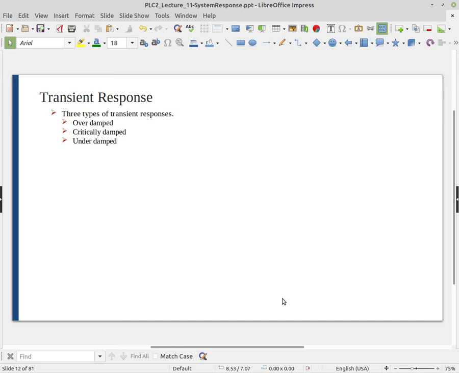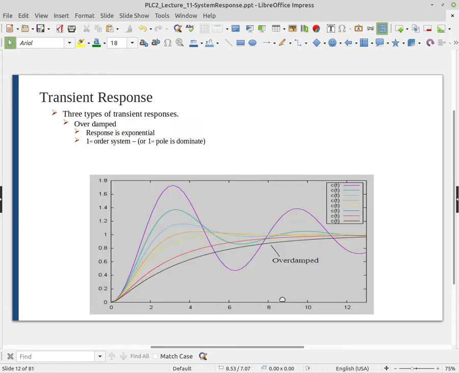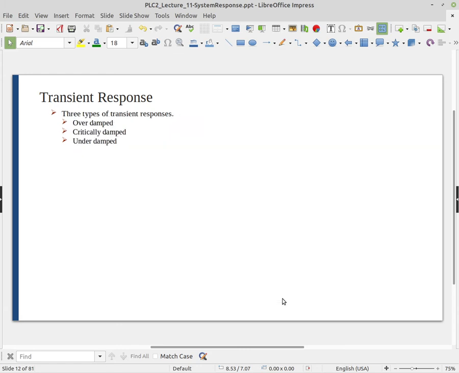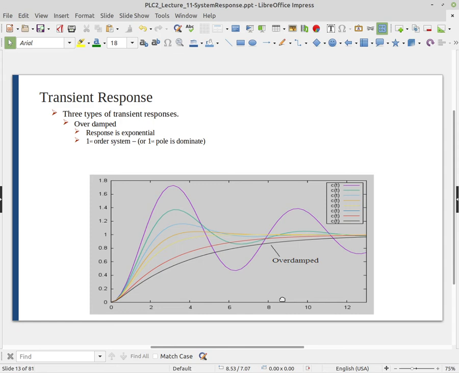All right, so as we already kind of discussed here, for transient responses we have three types of systems. We have the overdamped, the critically damped, and the underdamped. Now an overdamped system acts like a first order system.